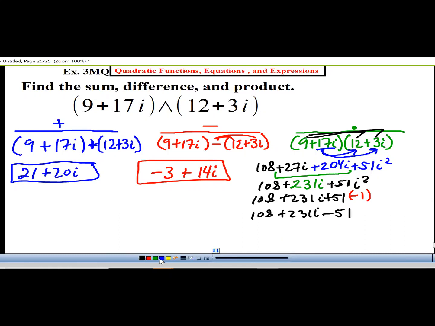Yeah. At this point, let's combine like terms. What is 108 minus 51? That gives me 57. Bring down the 231i and we are done. Have you got that for your product? Let's go. Hopefully this helped, especially those of you whose last night's homework was basically doing this.